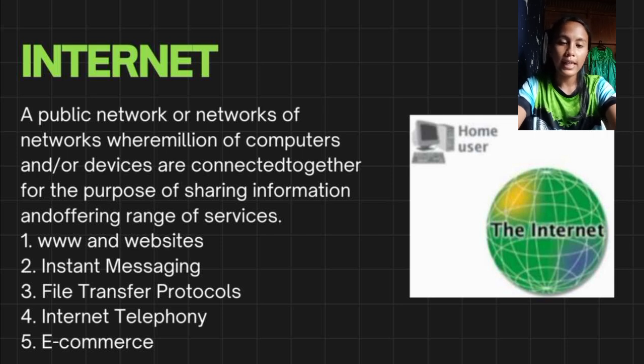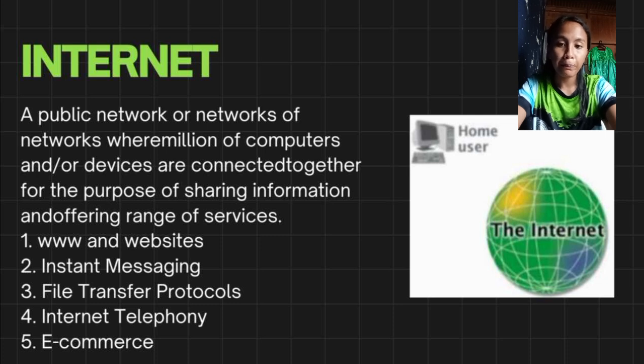The second one is instant messaging. Instant messaging allows people to send and receive text, images, and videos in real time through the internet. The third one is file transfer protocol.